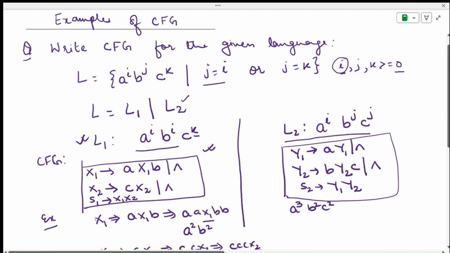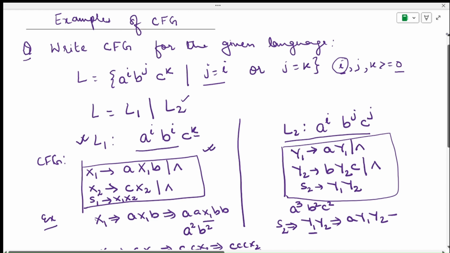I can do it with a derivation, starting from S2, which is replaced by y1 y2. I am using leftmost derivation. Take this y1, replace it with a y1.